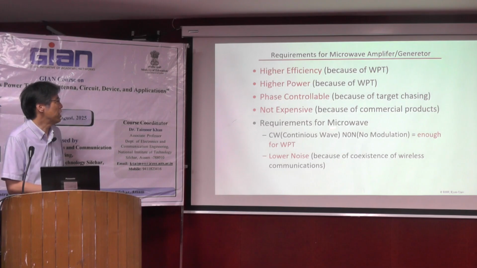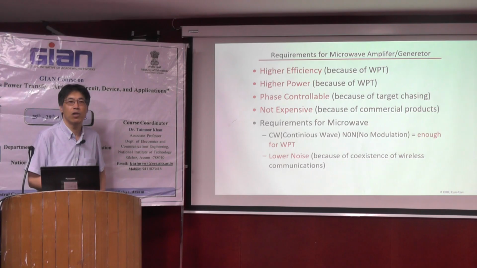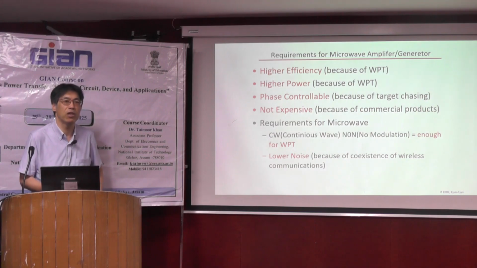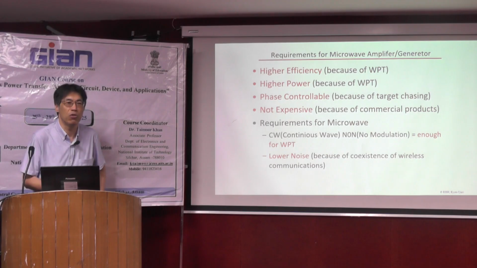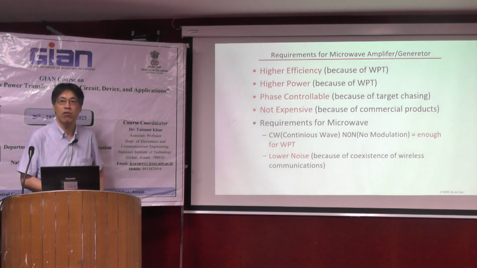And additionally, this is a requirement for the microwave itself. We usually use a continuous wave only and a no modulation wave, because in the first day I explained you, based on the Poynting vector theory or the maximalization theory, we don't need any modulation as an energy. As an energy, we use radio wave itself.